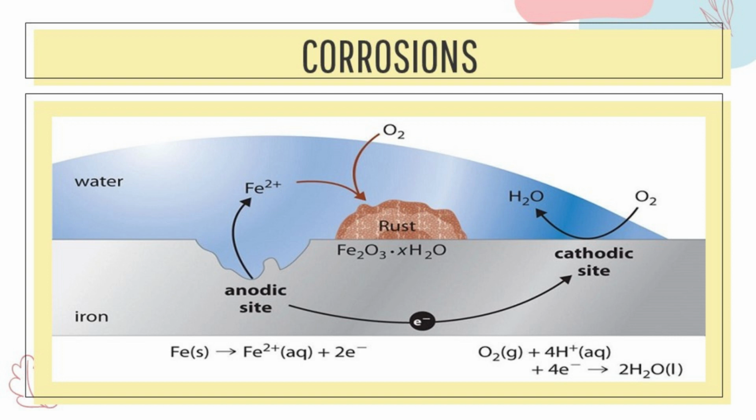So, ayan, makita natin that is the corrosion. So, we have here the formation of rust. In order to prevent that, we're gonna be having the cathodic protection wherein we are going to apply a layer of another metal or di kaya a layer of an acrylic paint to our metal to prevent the interaction between its environment.